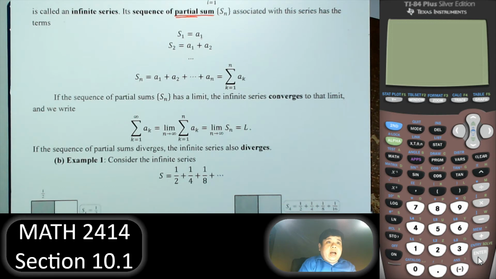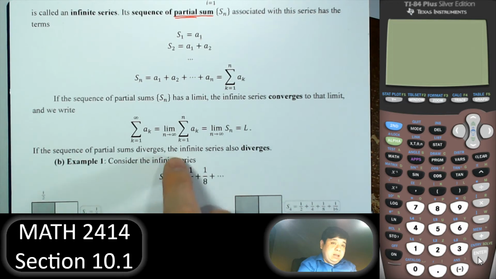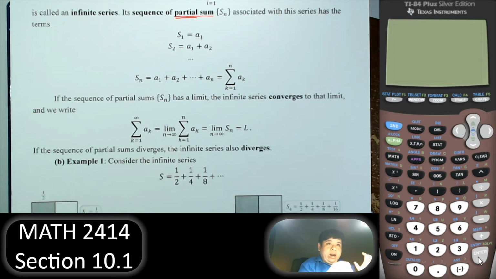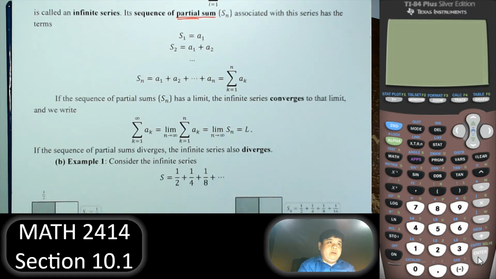So the limit of a sequence is the limit of just one term when n goes to infinity. The limit of a series is the limit of a sum when n goes to infinity.